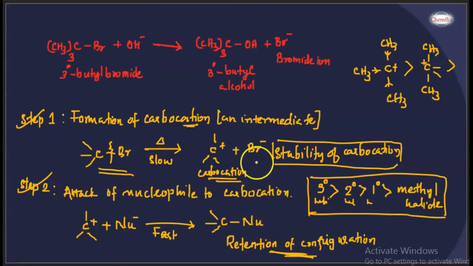And for the case of allylic and benzylic, this one is benzylic, with CH2X, and this one is allylic. They show high reactivity towards the SN1 reaction because the carbocation thus formed gets stabilized through resonance.